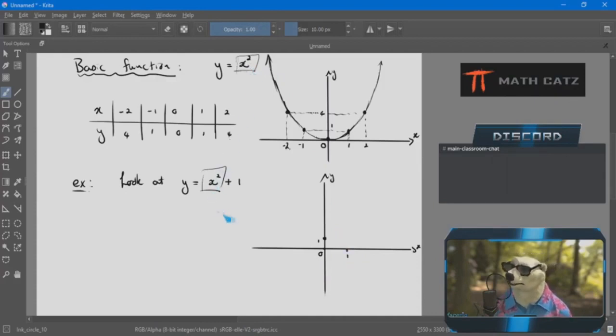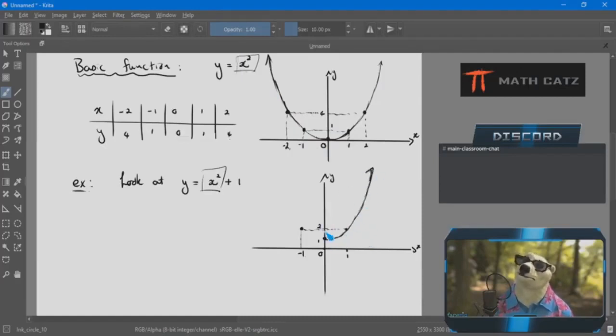Now it's 1 squared again, and then I add 1, so it's going to sit a little higher at 2. And the same thing is going to happen when x is negative 1. So the points in my basic function's graph essentially just move up by 1 unit.